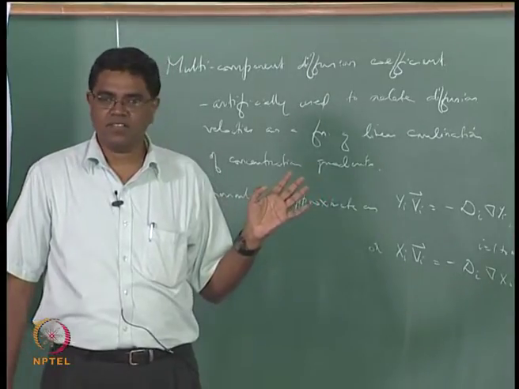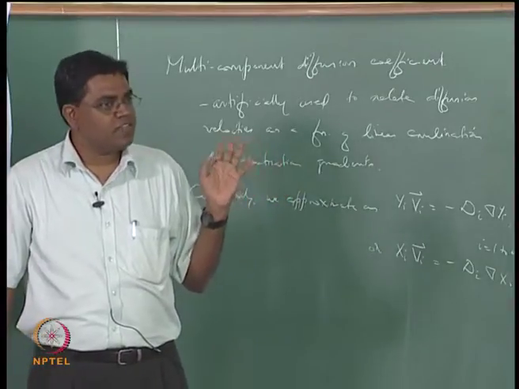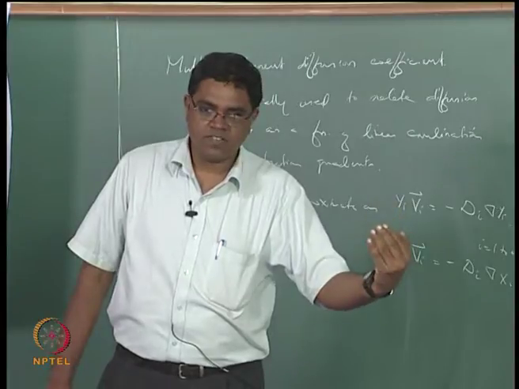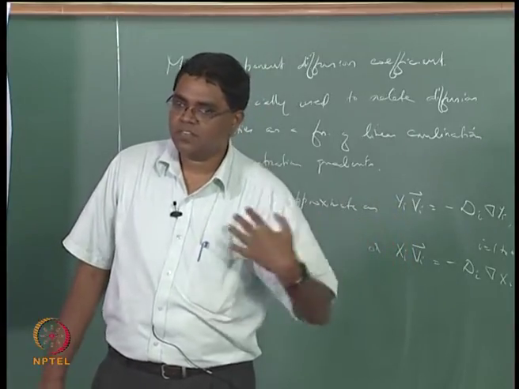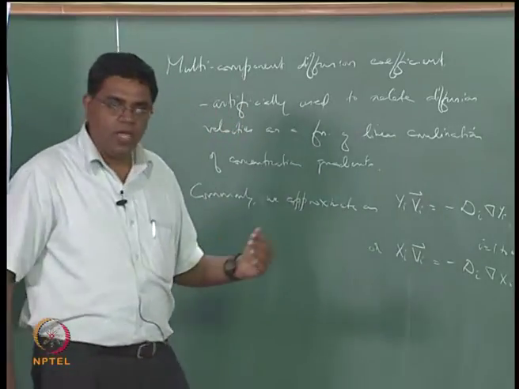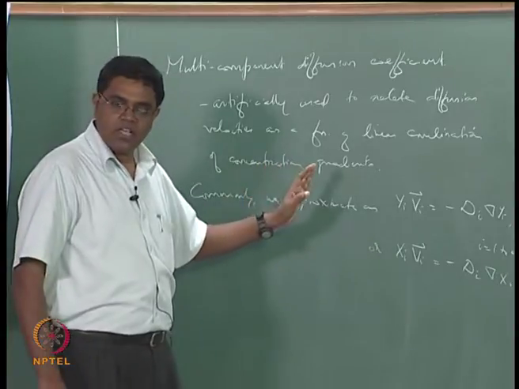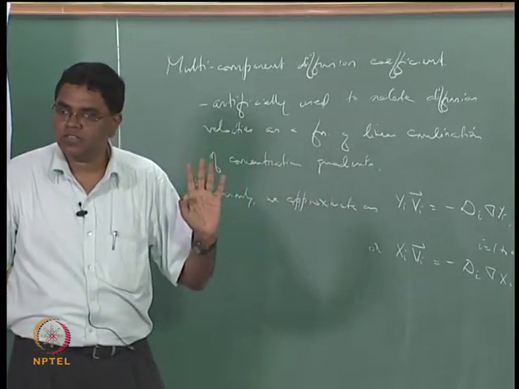That does not make sense honestly, because as we said, if some species has to mix into another species, you need to have the other species involved in this process, right. So DAB made sense because it was actually for a pair of species that way, but Di, how can you have a diffusion coefficient that depends only on one species?